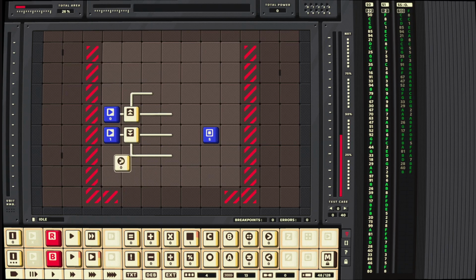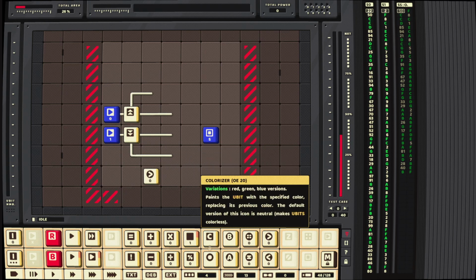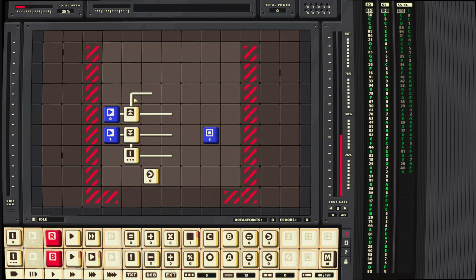Well, I need to request a new input on one of these at some point. One of these four has to be requesting input, which means I don't think it can. Yes, one of these can request a new input, because I only want a sensor for one of these. So let's make this a sensor.